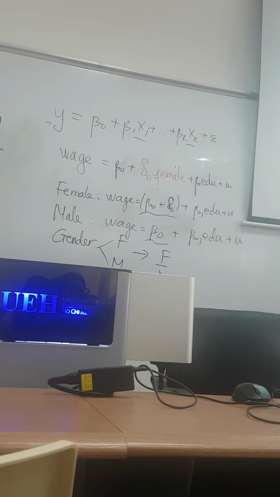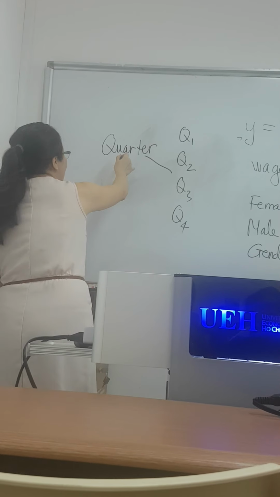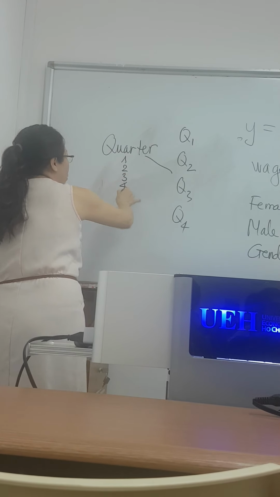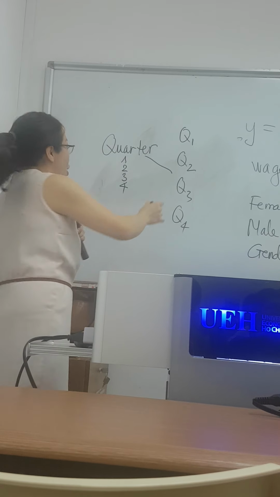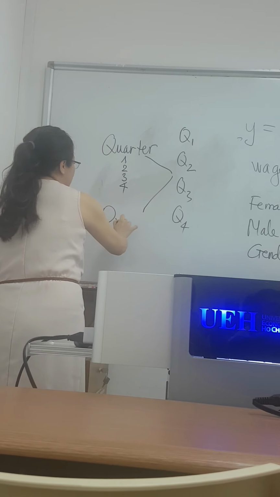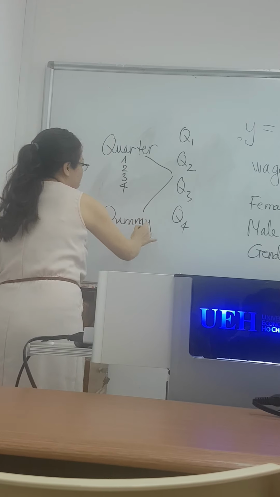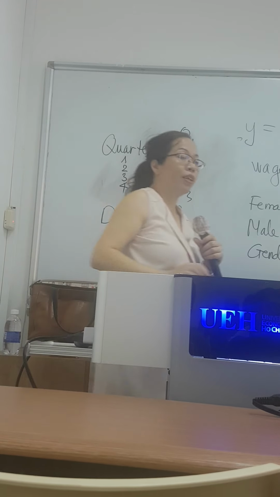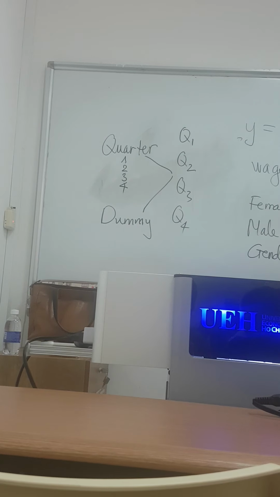If I incorporate this information, I have two ways to do it. The first one, I can put a variable for quarter in, and this variable receives the values 1, 2, 3, 4. The second one is to use dummy variables. Assume I want to see the difference among sales in different quarters.